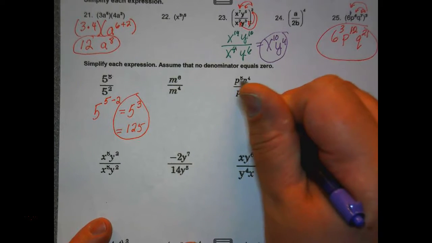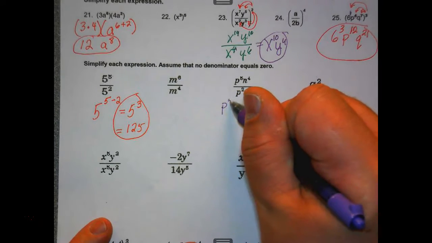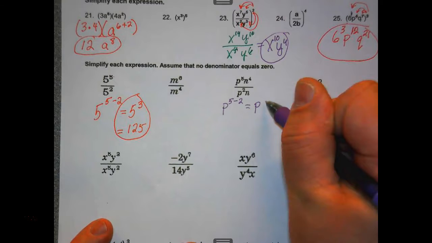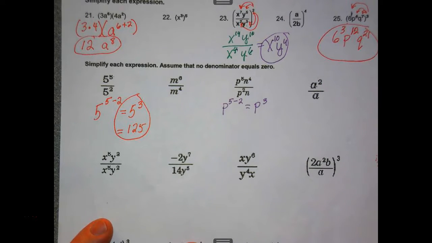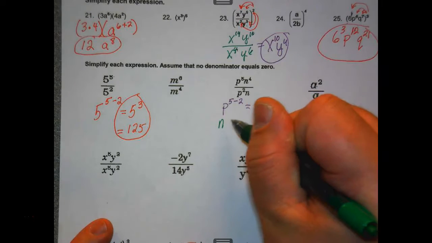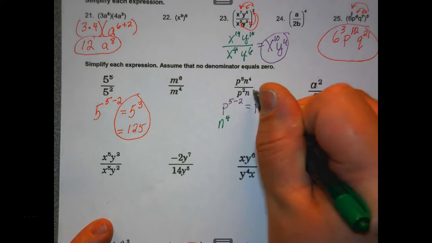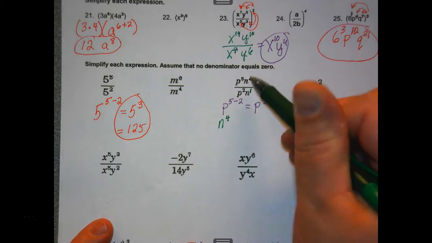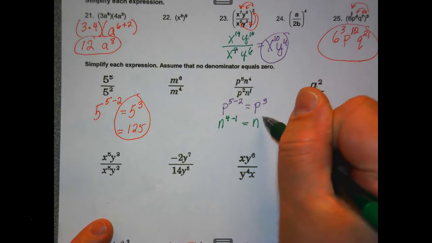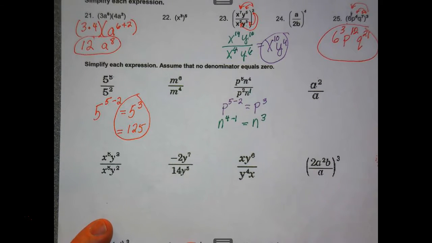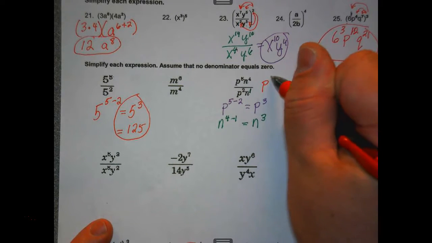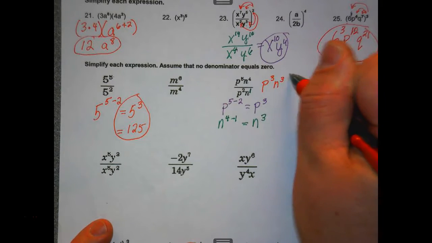So I have p to the 5 minus 2, which is p to the third. Then I have n to the 4. There's a 1 here. 4 minus 1, which is n cubed. So p cubed n cubed.